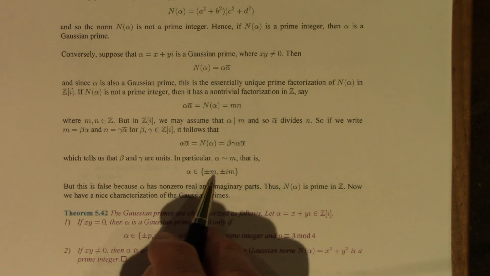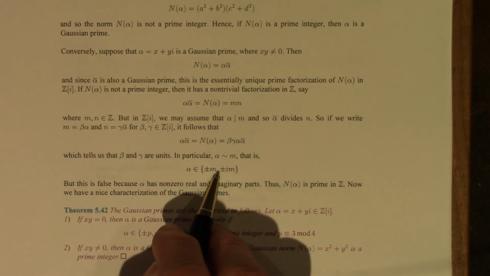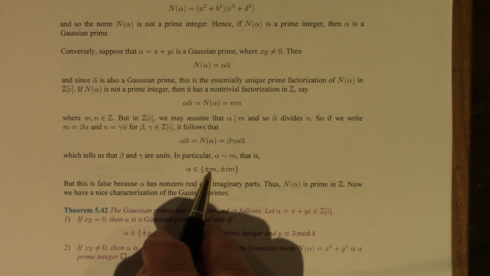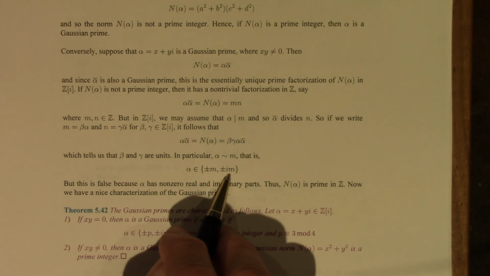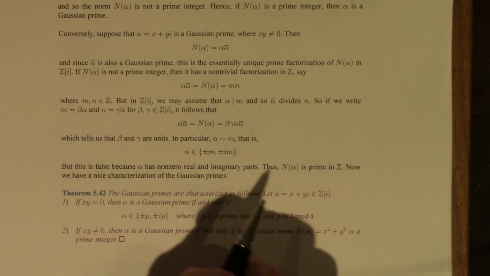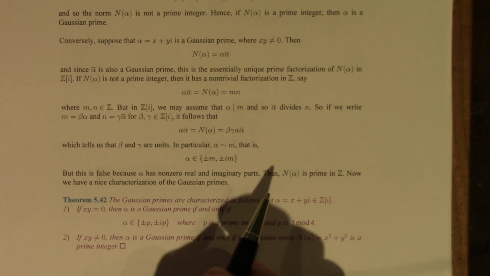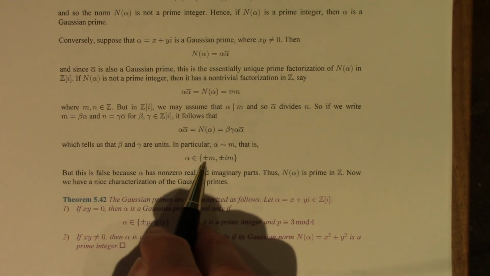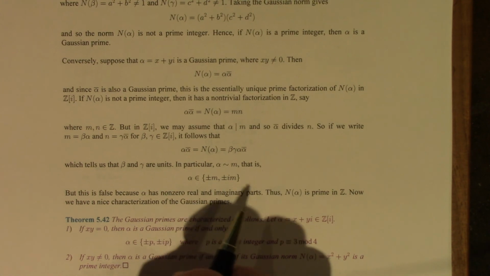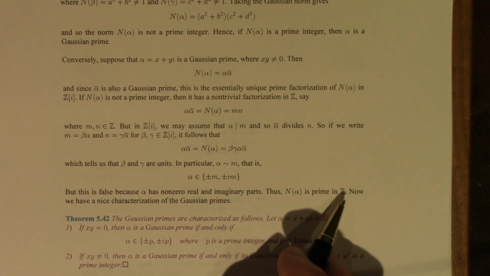So alpha is one of the associates of m, and those are the units times m, so it's positive negative m, positive negative im. But alpha can't be in this set because alpha has non-zero real and imaginary parts. So we have a contradiction, which tells us that the norm of alpha is prime as an integer.